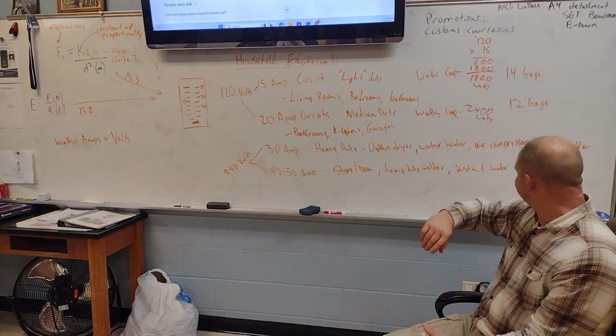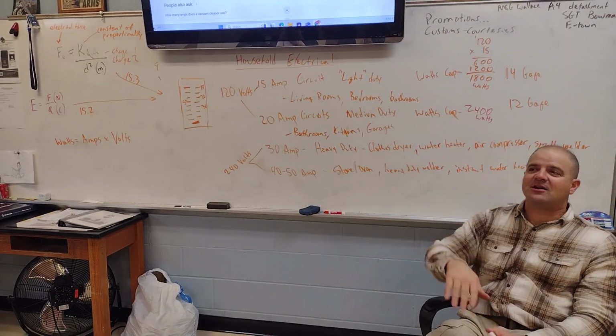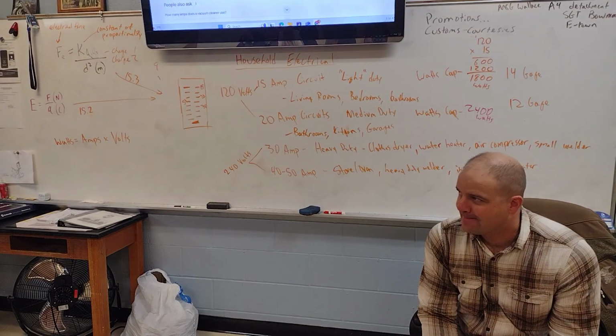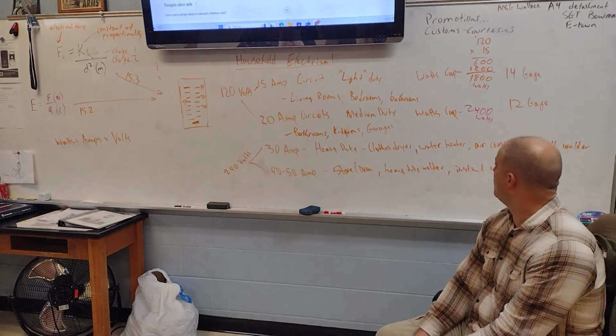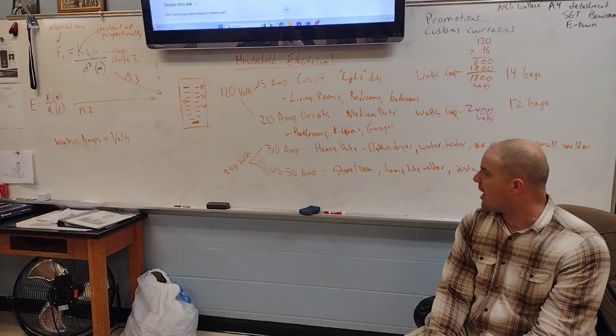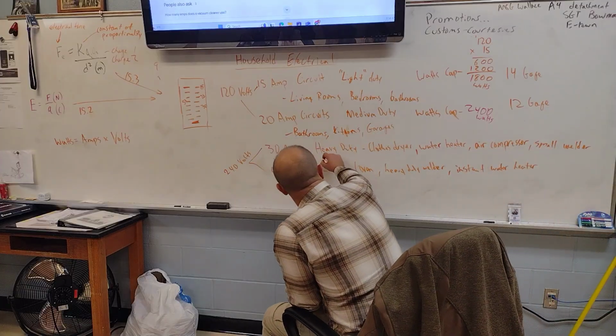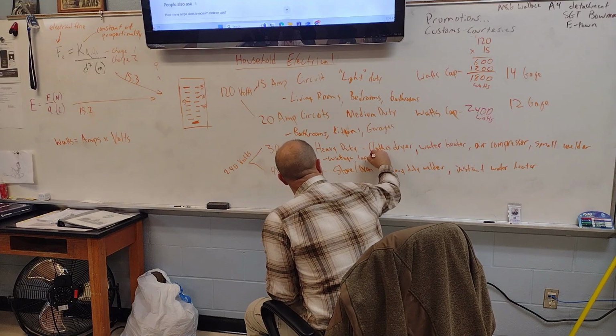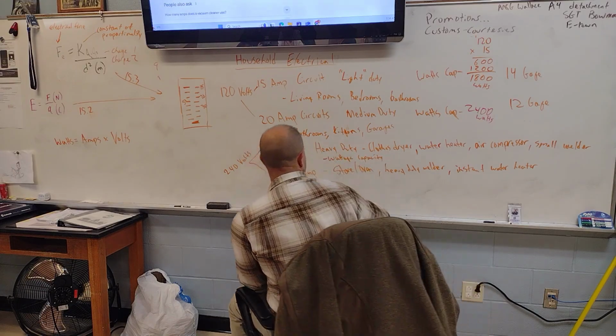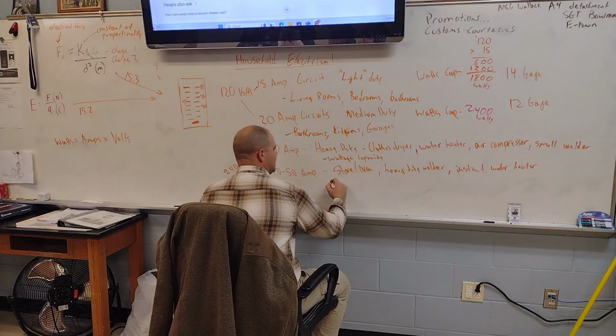Somebody tell me, we'll use a clothes dryer as an example. You got a dedicated line. What would the wattage capacity be for 30 amp, and we'll use 50 amp down here?